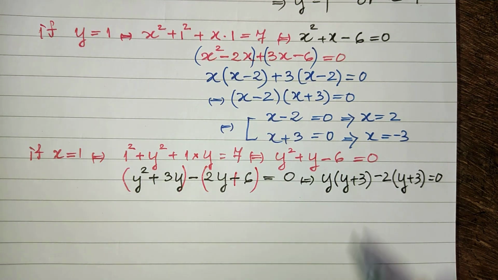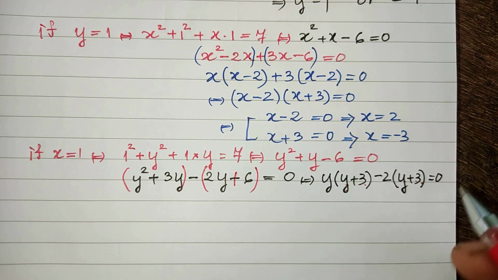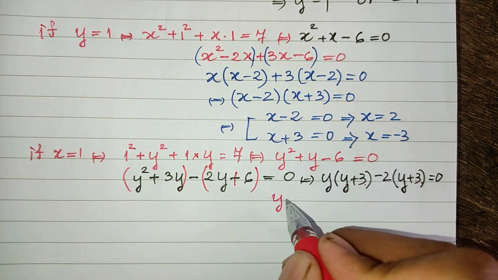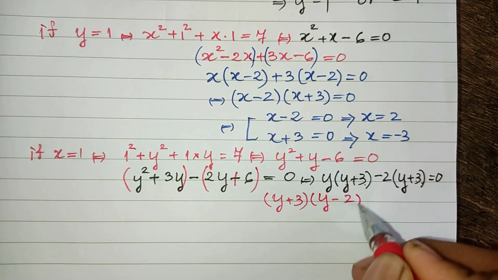Let's see, this y plus 3 and this y plus 3 are the same, so we take it out as a factor. We get y plus 3 bracket y minus 2 equals 0.